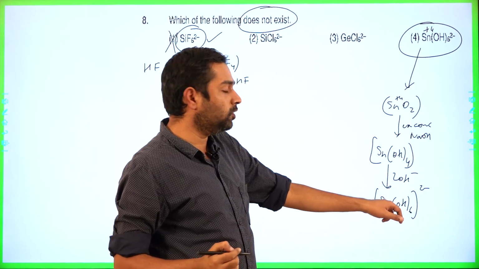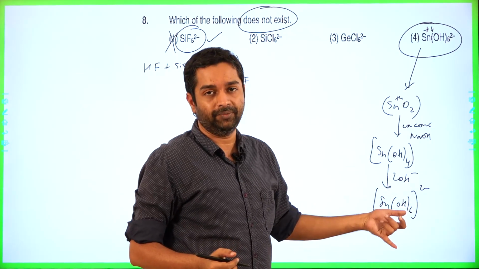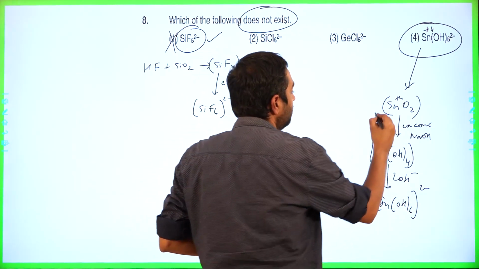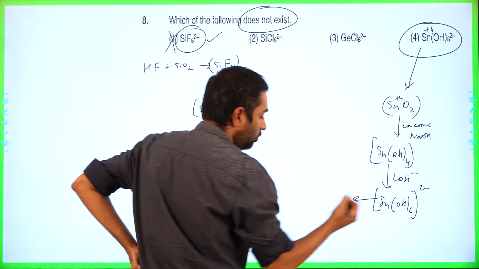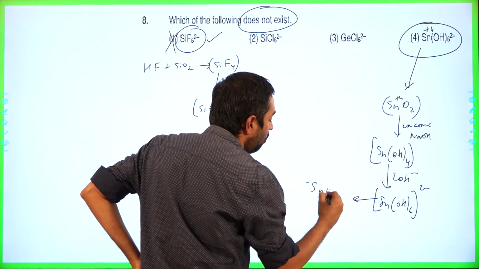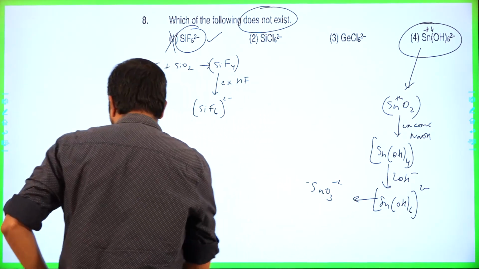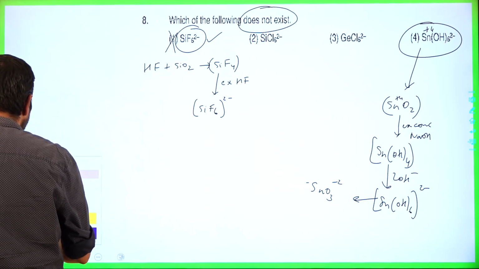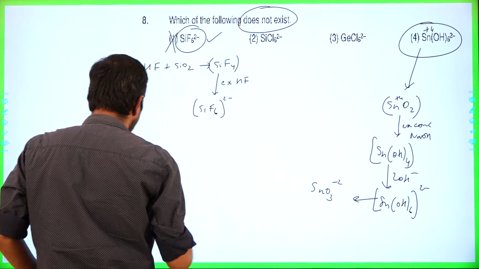Now, you can also think of this in a slightly different manner. How else can you think of this? You can think of this Sn(OH)6 2- as SnO3 2-. That is another way of interpreting the same thing over here.